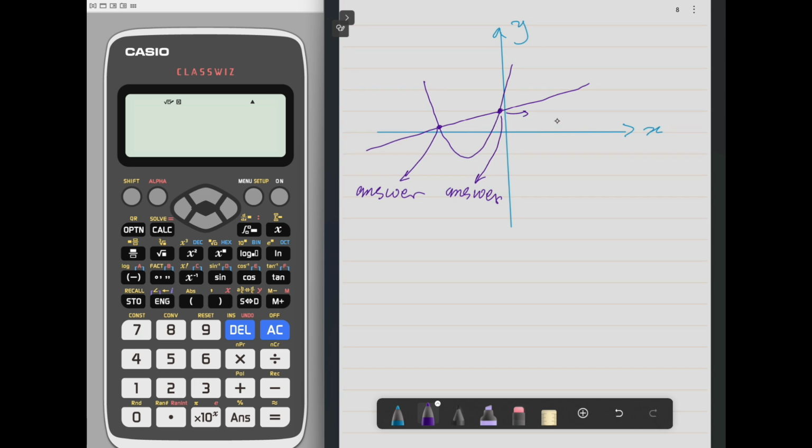One here, which we can call x1, y1, and one here, which we can call x2, y2. Till here, we were figuring out the values for x1, y1, x2, y2, right?